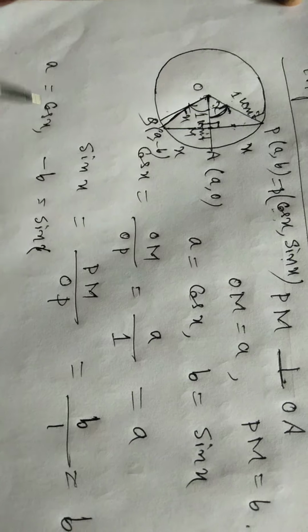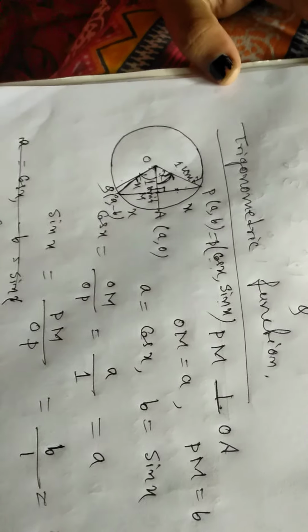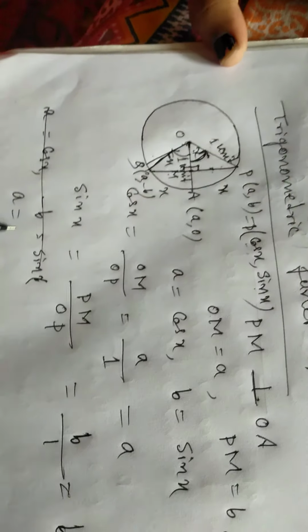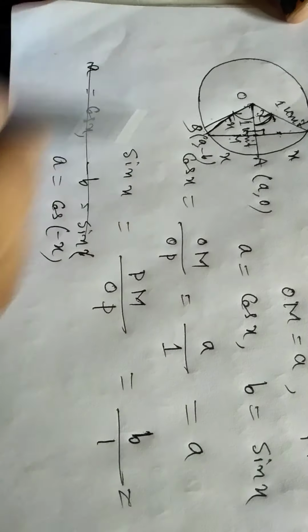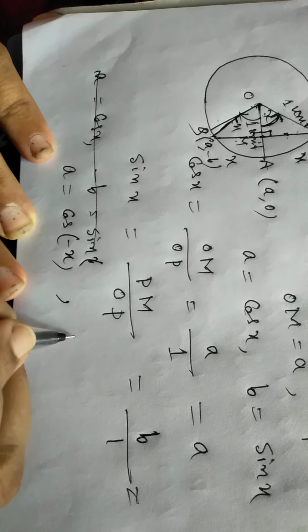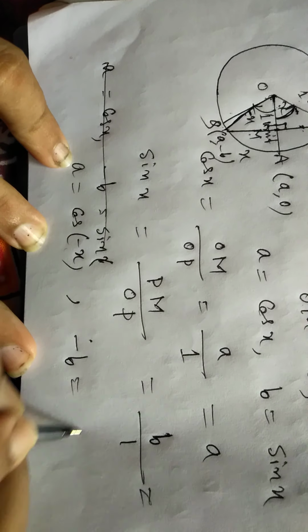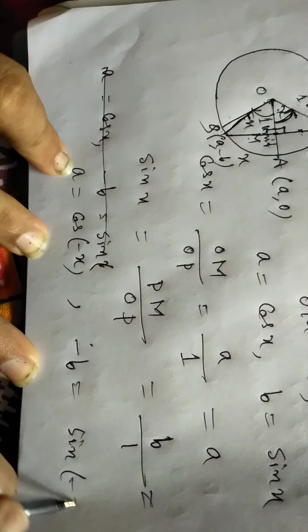Sorry, here a equals cos of minus x, because the angle is minus, so you have to write cos of minus x, and minus b equals sin of minus x.